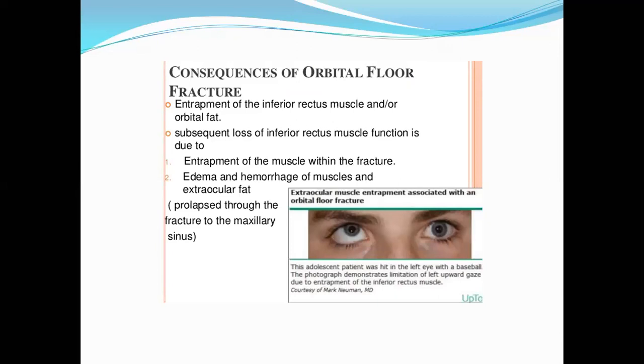Moreover, as I have mentioned some emergency situations, like retrobulbar hemorrhage, superior orbital fissure syndrome, apex syndrome, or loss of vision, those are priority situations in which an emergency operation theater should be arranged.